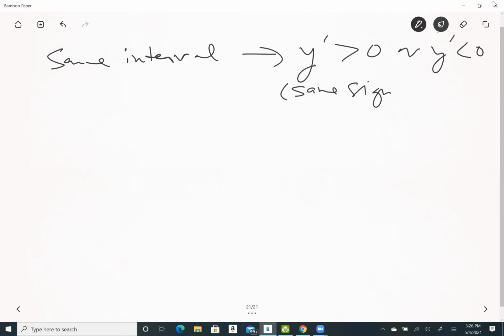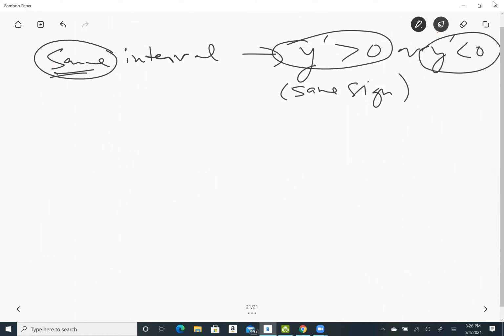If it is positive, it will be positive for the whole interval. If it is negative, it will be negative for the whole interval. So that is the guideline.